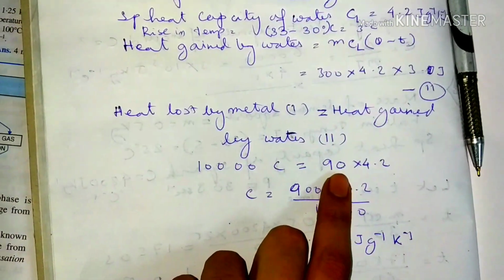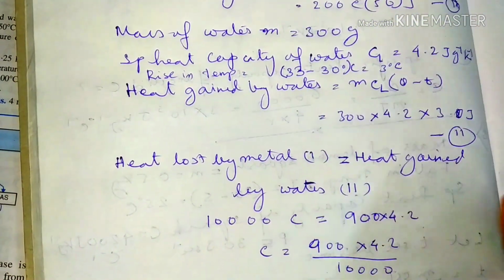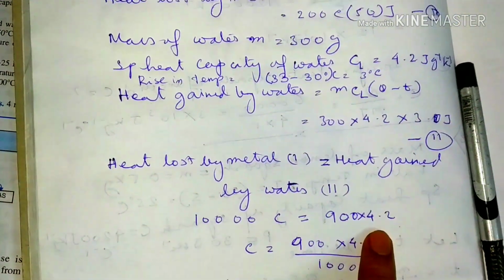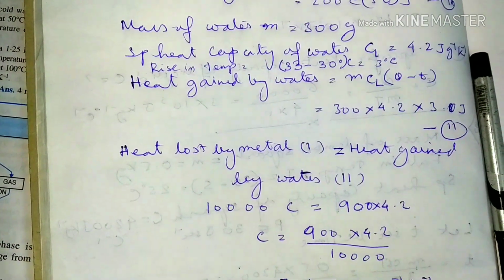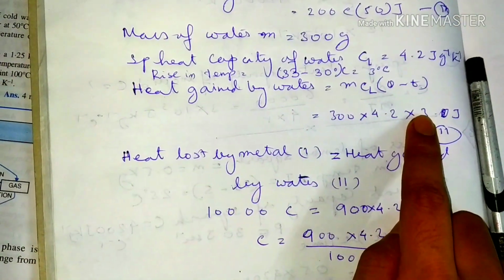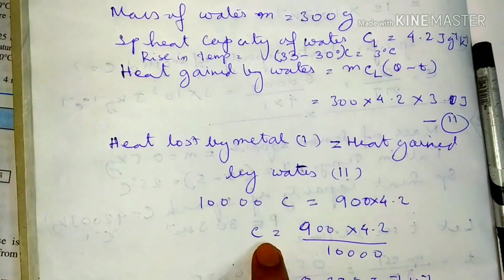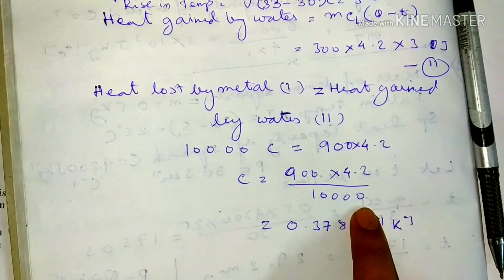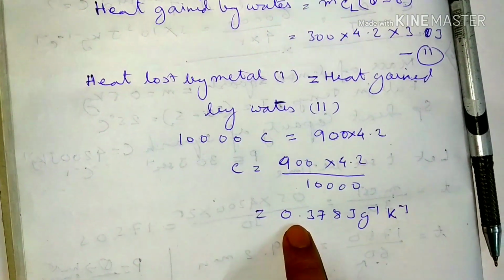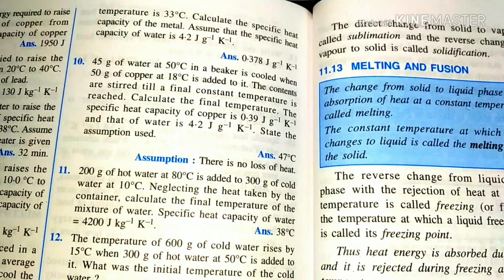From the other side, it will be 900 into 4.2, since 300 multiplied by 3 gives 900. We did the cross multiplication, 900 into 4.2 divided by 10,200, and the result is 0.378 joule per gram per Kelvin.